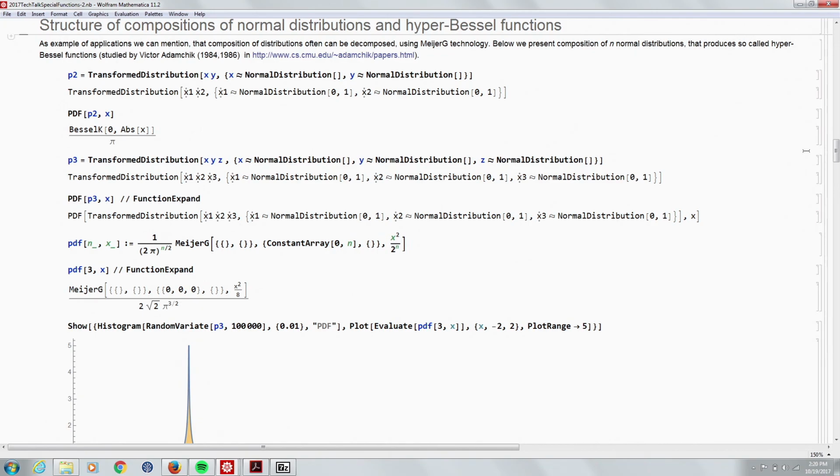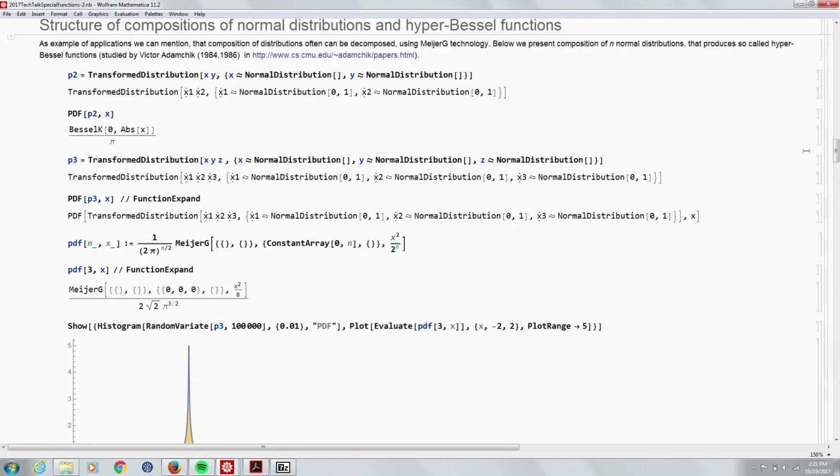So again, for example, we can take the usual distribution with an exponential function.